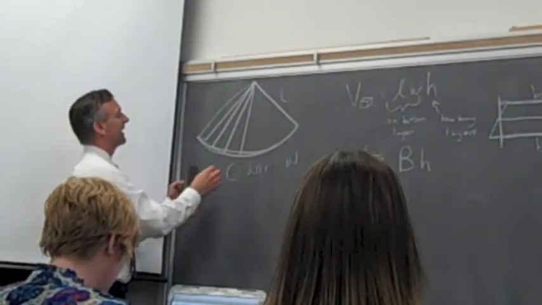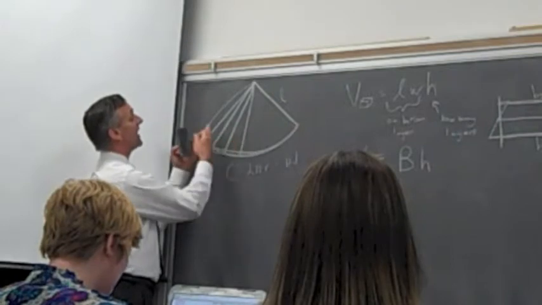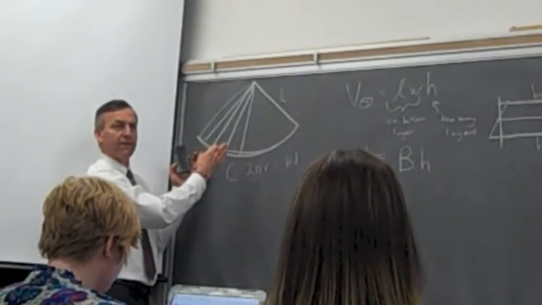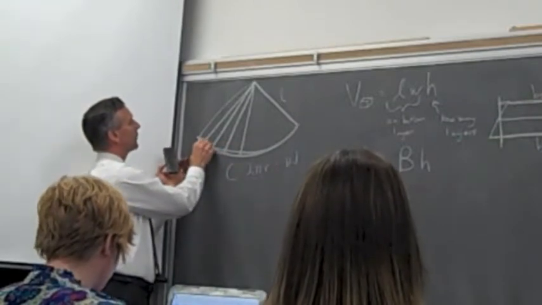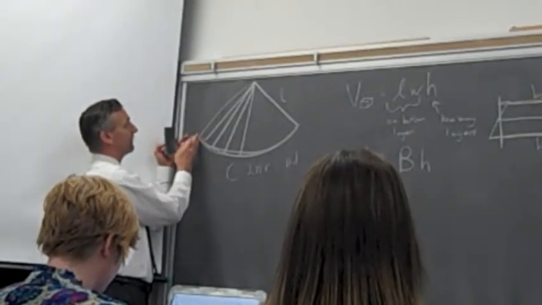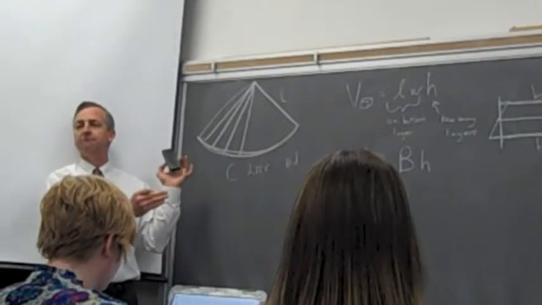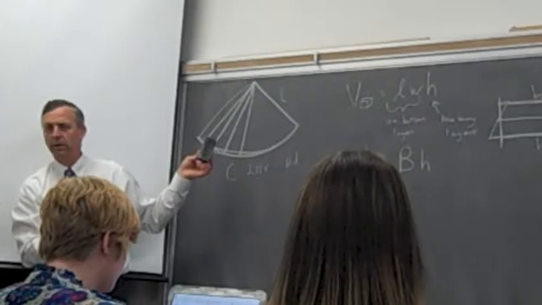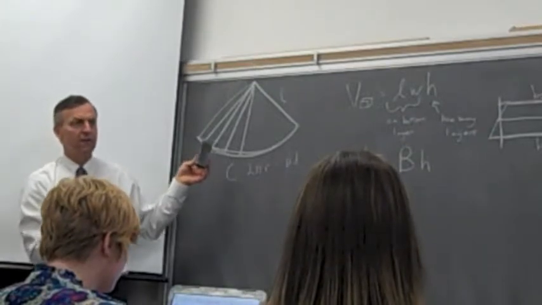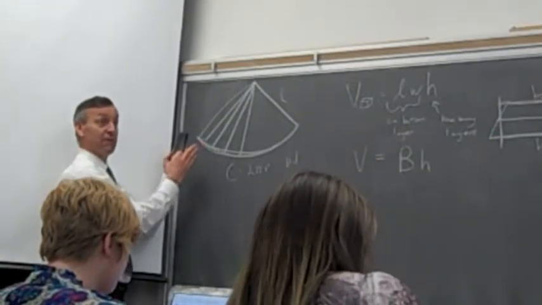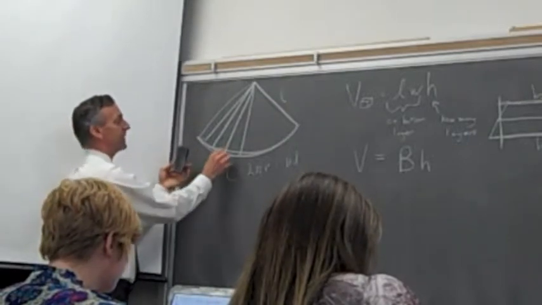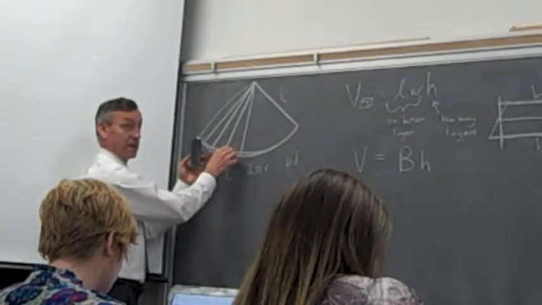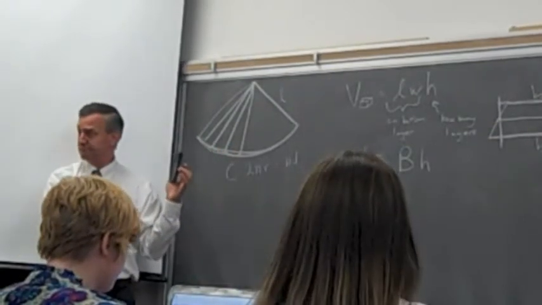But if we were to make enough of these, if we let the number of triangles go to infinity, these sectors would turn into triangles. Because they would be close enough to each other that there wouldn't be any difference. Right now it's a little bit curved here, but the more we got, the more straight it would get. Does everybody follow what I'm saying?